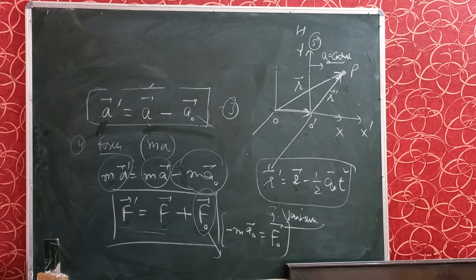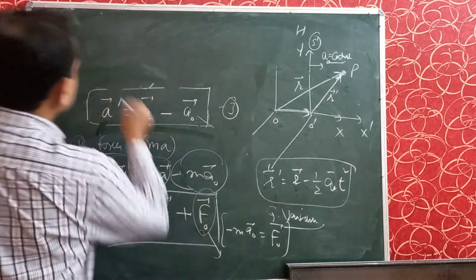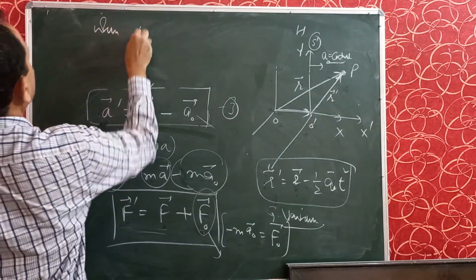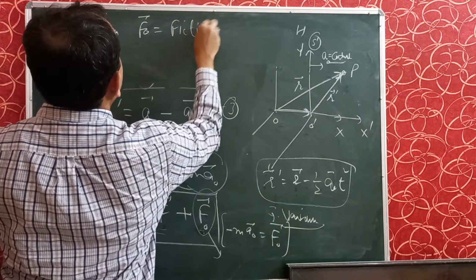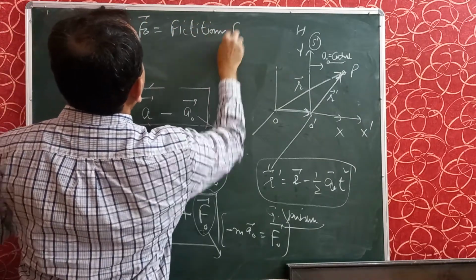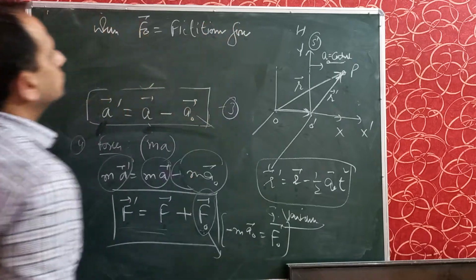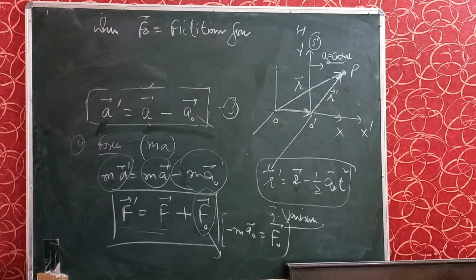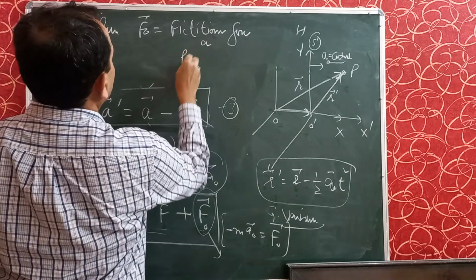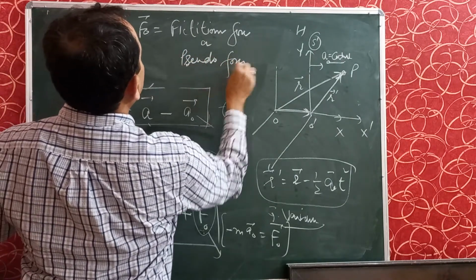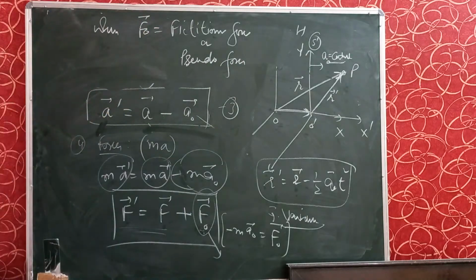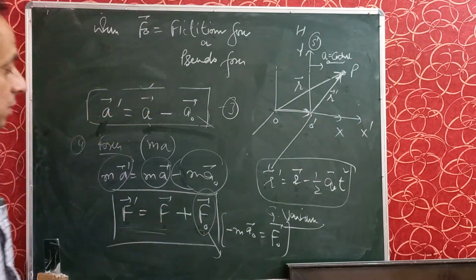So, this force is called fictitious force, where F naught is called fictitious force. Fictitious means pseudo force or arbitrary force, because this force is basically not due to the particle, it is due to the frame.